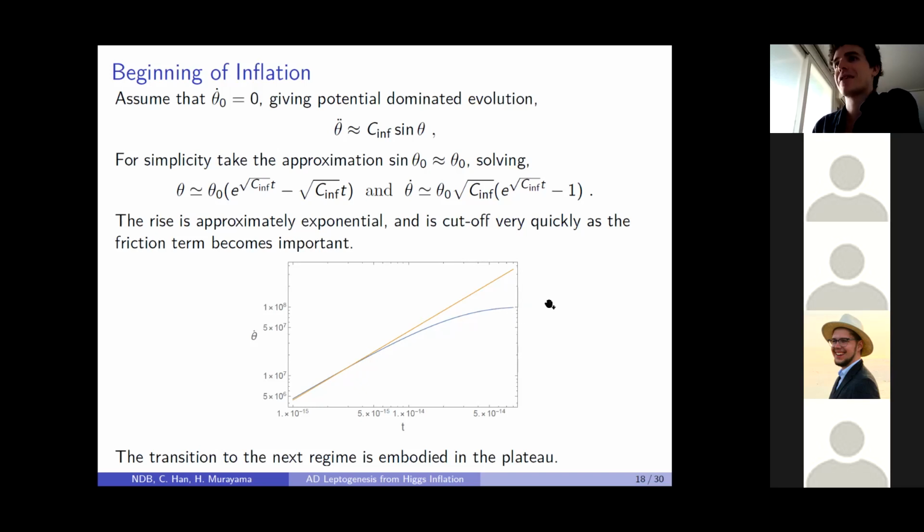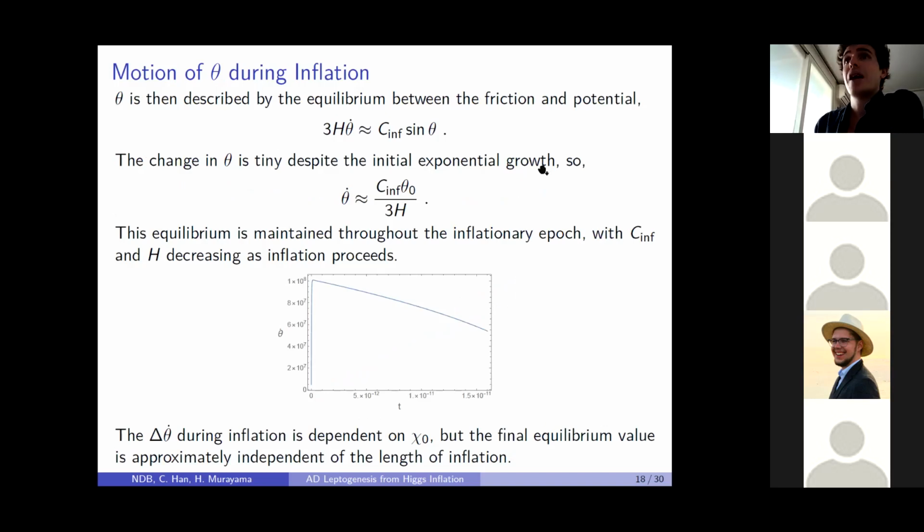Now we want to see what happens after this. We have some theta dot start to be produced. What we find is that we enter this effective plateau period across the inflationary epoch, where the friction equilibrates with the slope of the potential. And so you end up achieving effectively a terminal velocity in this theta dot, which is approximately constant across the whole of inflation.